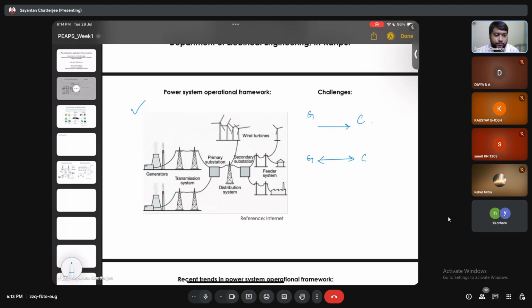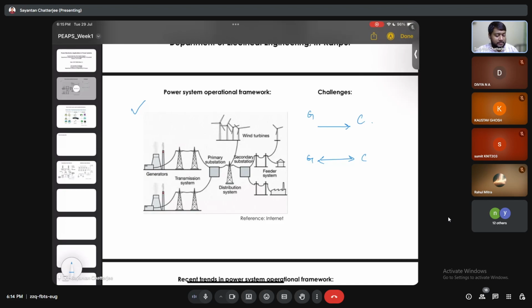So mostly this is the main power system, the conventional power system, which was unidirectional. But now with IT, and OT is the operational technology and IT is the information technology, both combine and accordingly deliver better infrastructure.